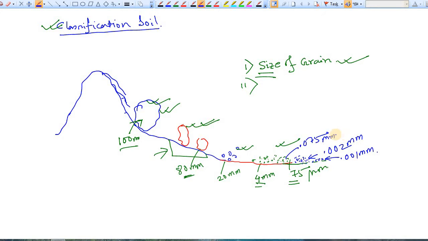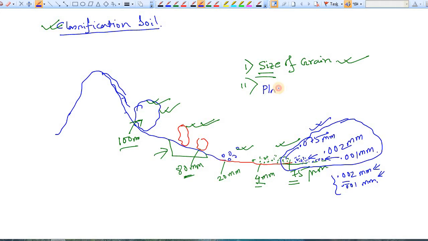When we try to classify soils within this size range, size is not sufficient to describe their properties. It has been observed that if we describe the 0.002 mm particle soil and the 0.001 mm one, their properties vary a lot, which is not a function of size only, that is a function of plasticity.